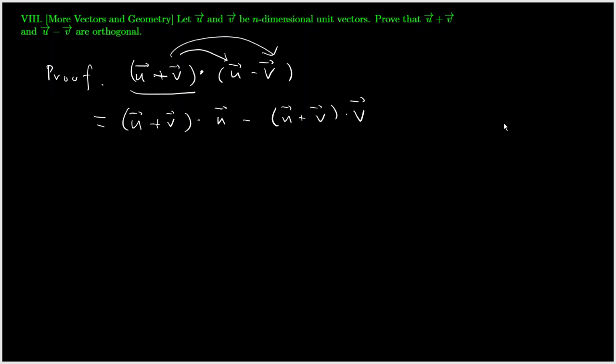We did nothing but using one of the properties, the distributivity. Now I can change the order a little bit, but it's commutative. It doesn't matter if you change the order or not. I'm going to give you the proof in some more details.